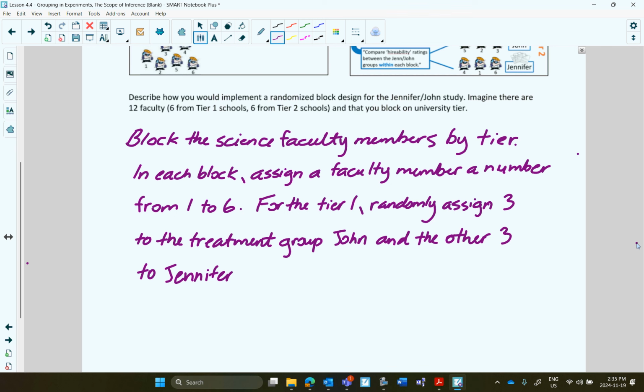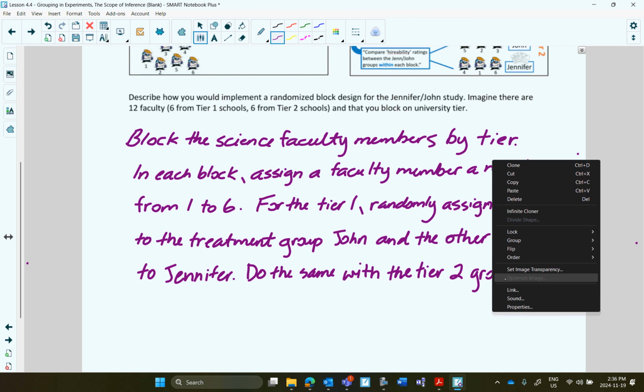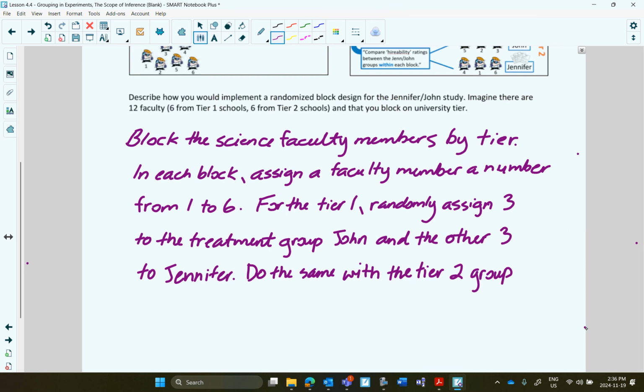And then do the same with the tier 2 group. So by the time this is done, we're going to have 6 in the John group and 6 in the Jennifer group.